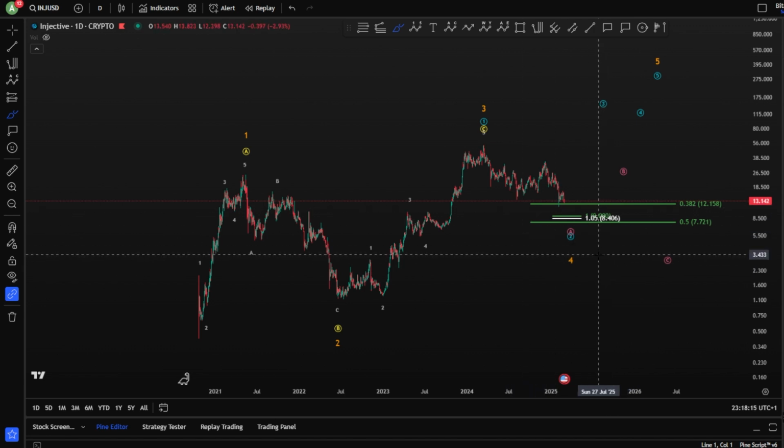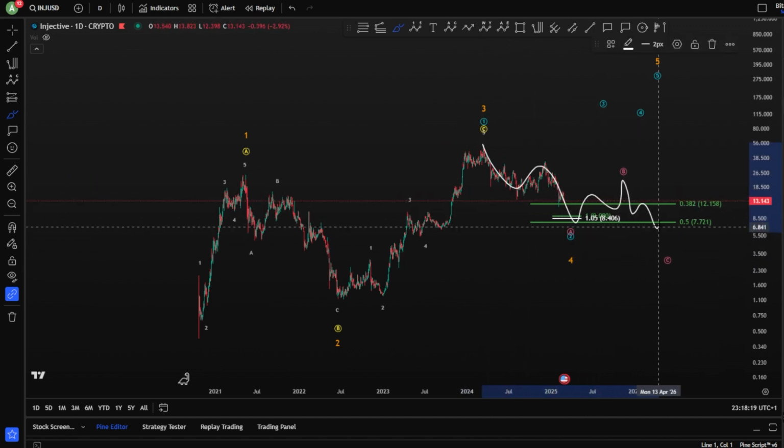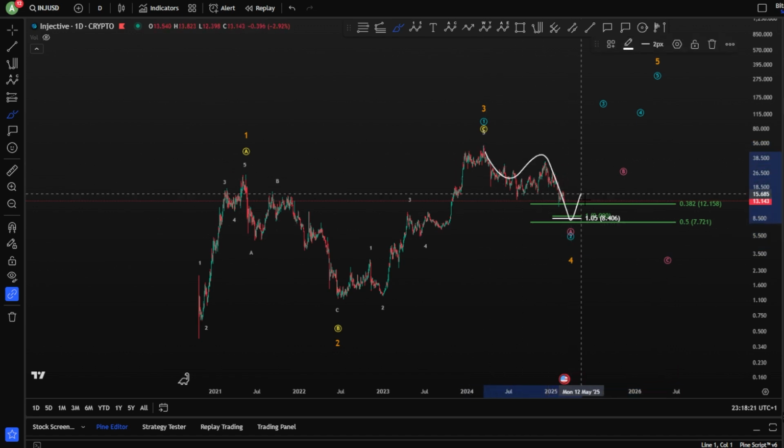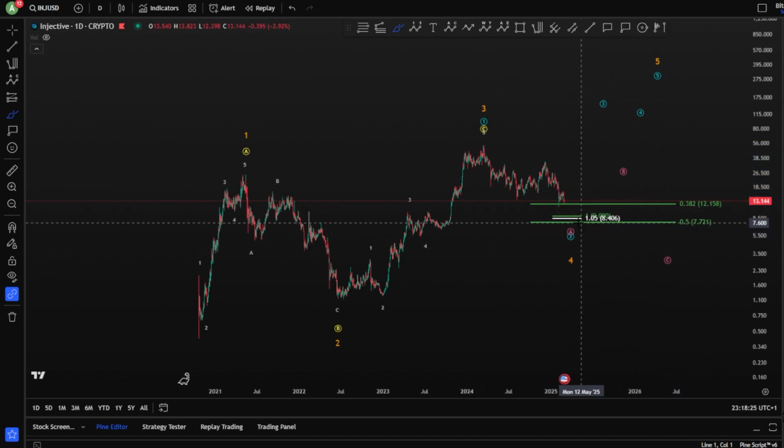Your second bearish scenario can be a longer correction as here. So we can have 3 waves down, then 3 waves up, then 1, 2, 3, 4, 5 toward the downside.